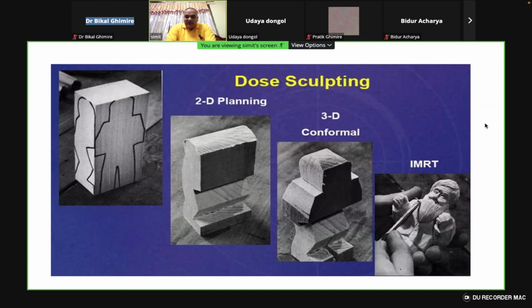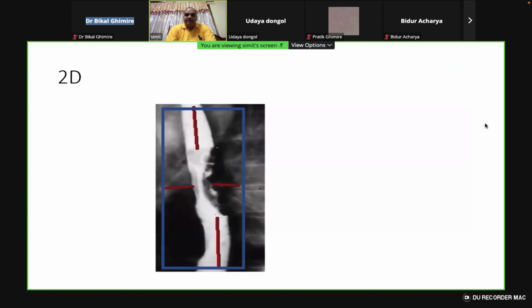The benefit is we get very, very much less dose to the surrounding normal structures. In all these methods, the tumor is getting enough dose, but the decrease in normal tissue is very important, and that's what we achieve by going higher up.